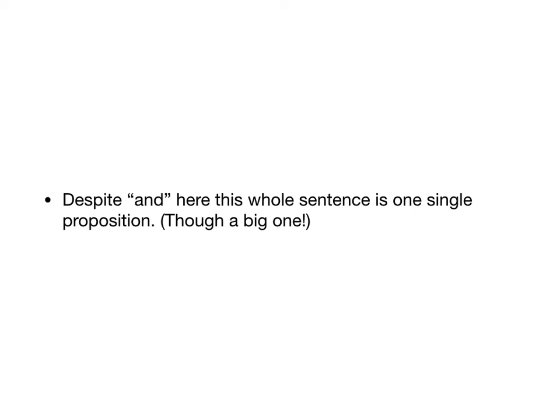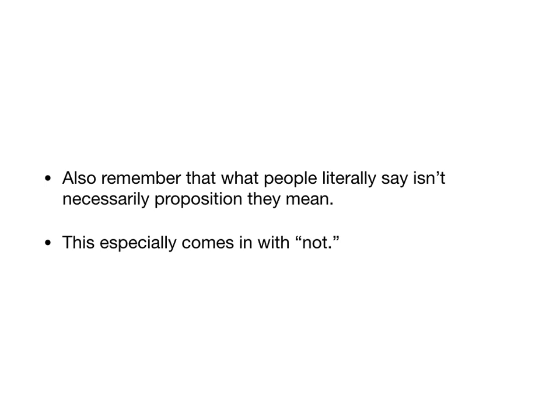Some of this, it might help to go back and look at the stuff on propositions in the Lavin book. One other thing to keep in mind is that what people literally say isn't necessarily the proposition they mean, right? This is why computers can't translate. They're very literal. We are not always literal in the way we speak, right?